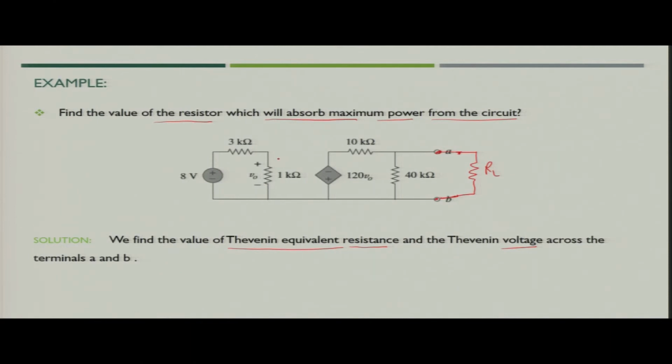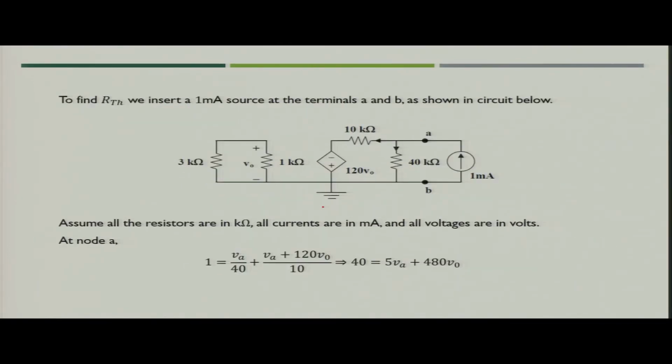First we will short circuit the independent voltage source, leave the dependent source as it is in the circuit, and then we connect a voltage or current source to solve the circuit to find the value of RTH. So, here what we are going to do? We are adding a 1 milliampere current source across the terminals A, B.